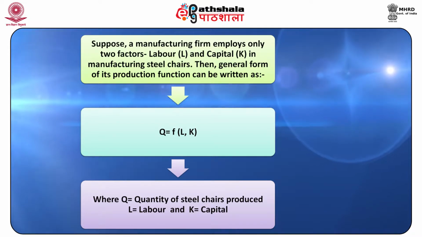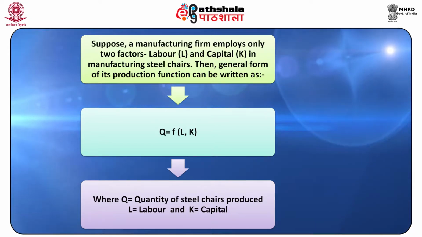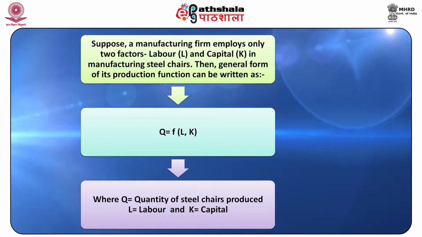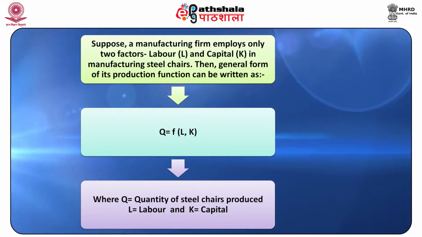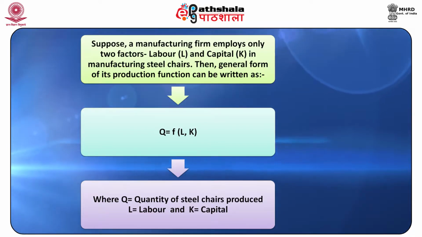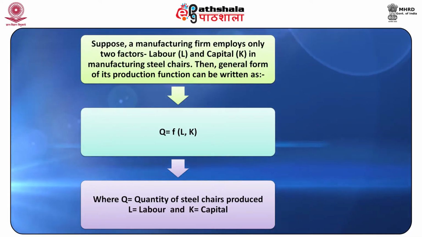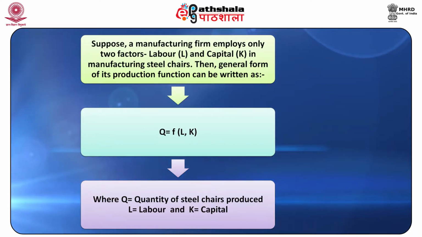Then, general form of its production function can be written as Q = f(L, K), where Q is equal to quantity of steel chairs produced, L is equal to labor, K is equal to capital. The above production function shows that quantity of steel chairs produced depends on the quantity of labor L and capital K employed. The production of steel chairs can be increased by increasing K and L.